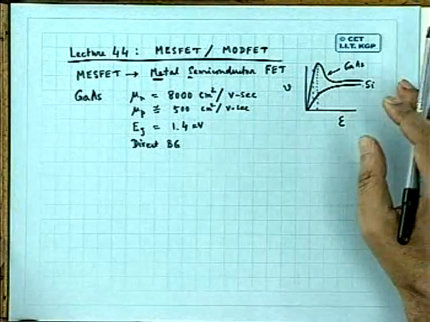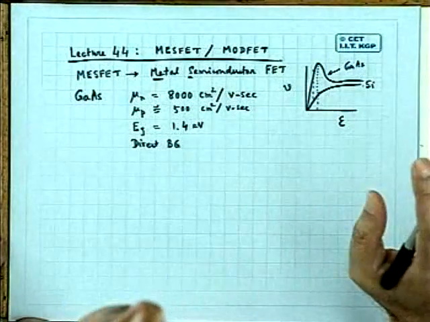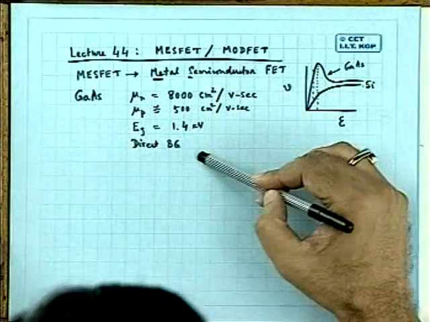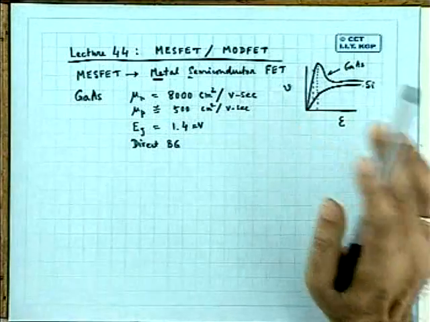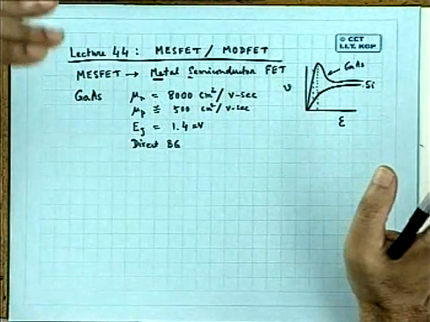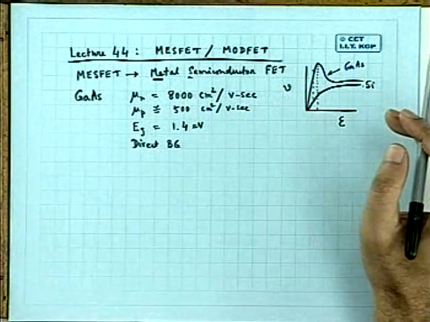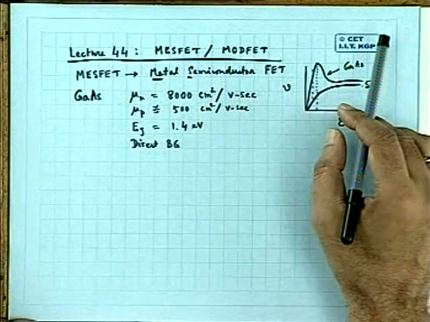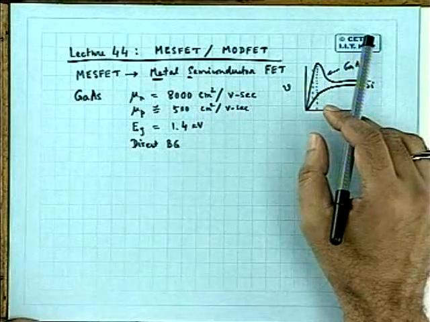It has tremendous benefits. There, some people suggested, I remember the papers, that by the 70s all ICs would be gallium arsenide ICs. I still remember. But things did not happen like that.